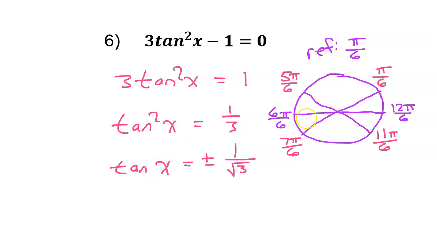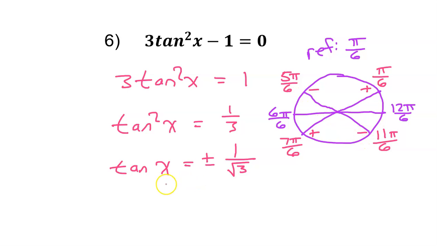The tangent of any of these 4 angles will be some type of 1 over radical 3. But it will be positive 1 over radical 3 here and here. Tangent is positive in the first quadrant and the third quadrant. I will get negative 1 over radical 3 here and here, because tangent is negative in the second quadrant and the fourth quadrant.